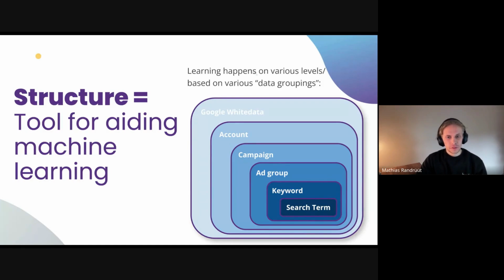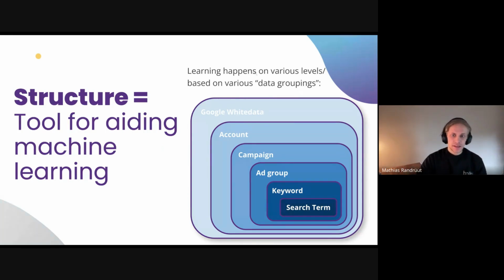And a little bit about why data scarcity matters and why it is important to give the optimal amount of data to Google, especially on that group level, is that our account structure is basically on multiple levels. We have Google's data at the account level, campaign level, ad group, keyword, and search term. On the account level, Google gathers data on overall account performance and user behavior across all campaigns.